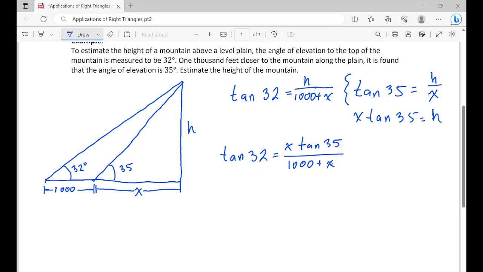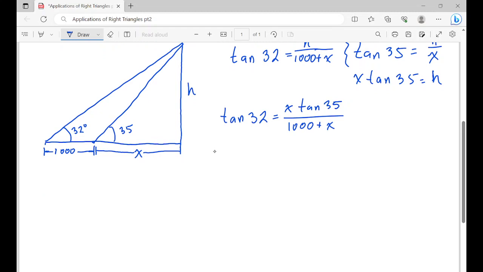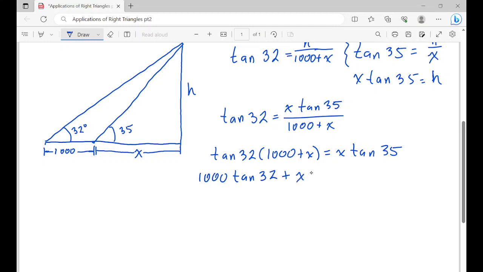I'm going to clear the fraction and multiply the 1,000 plus x over, and I'm going to get tangent of 32 times 1,000 plus x equals x tangent 35. Now I'm going to distribute the tangent 32, so I have 1,000 tangent 32 plus x tangent 32 equals x tangent 35.